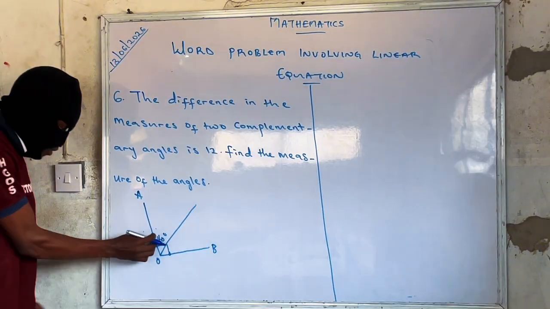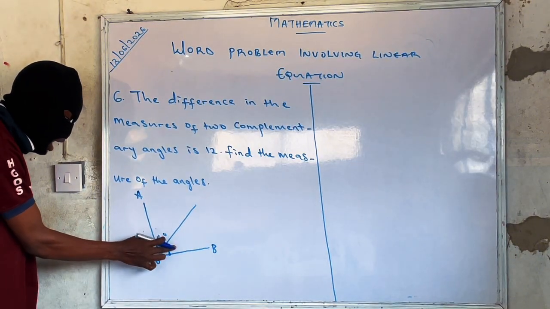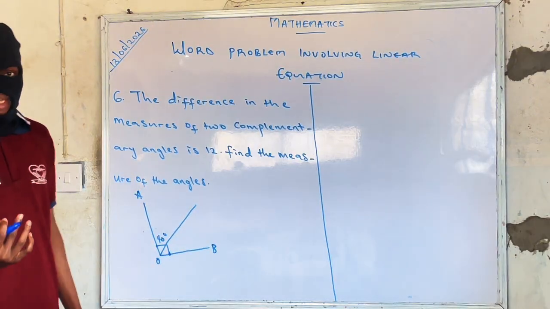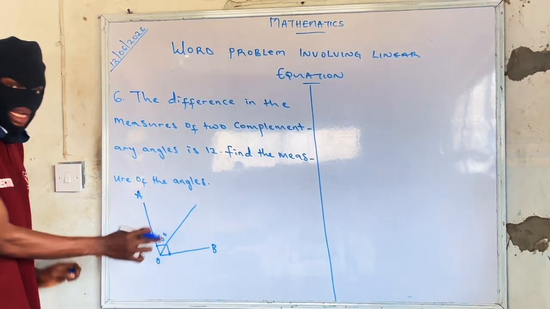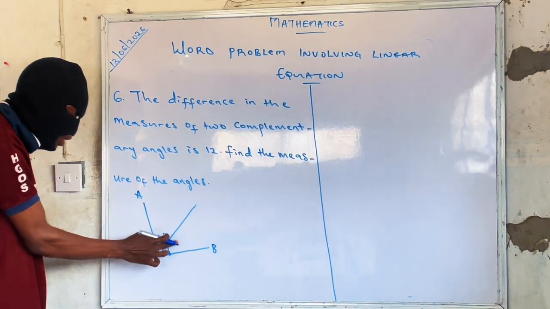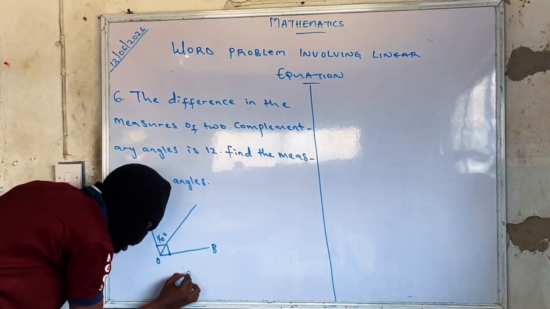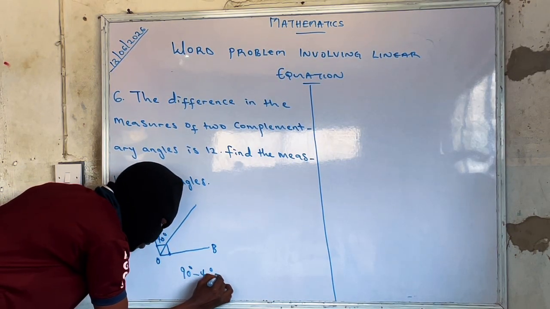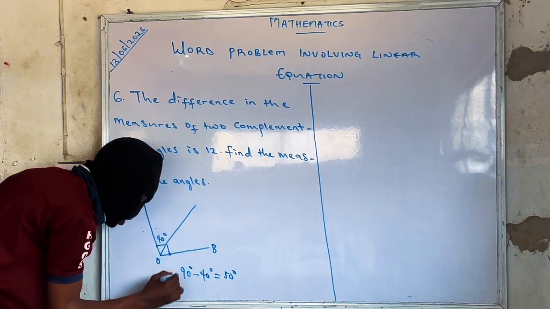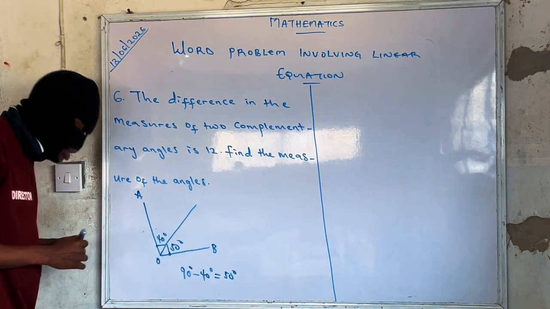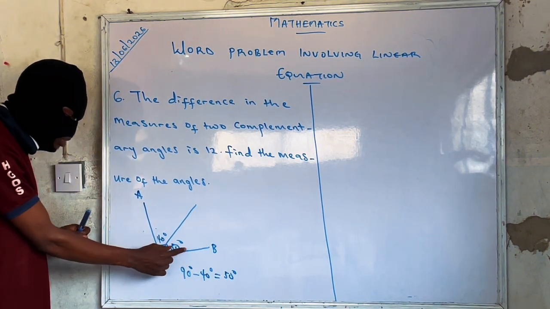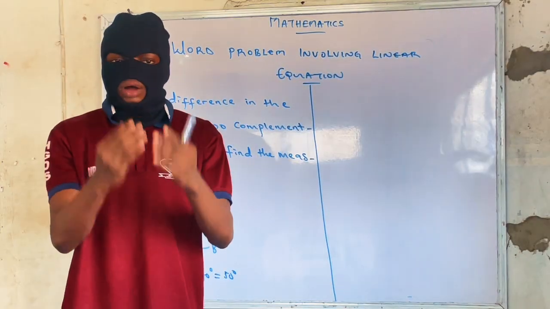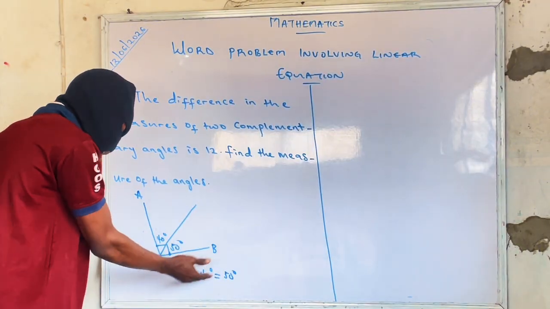How do you find it? You subtract 40 from 90 degrees, so you can get your other angle. So 90 degrees minus 40 degrees will give us 50 degrees. So this angle here is 50 degrees. If you look at it, 40 plus 50 will give us 90. So complementary angles are angles in which two angles sum up to give 90 degrees.